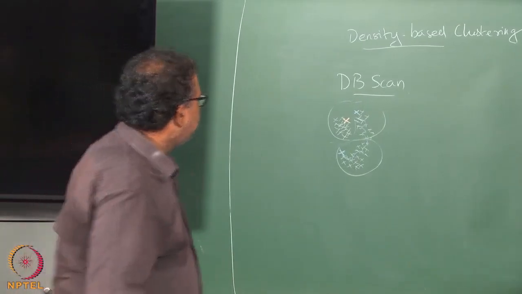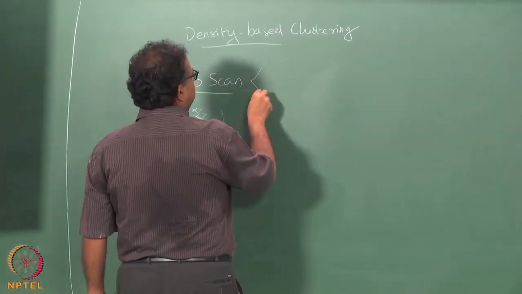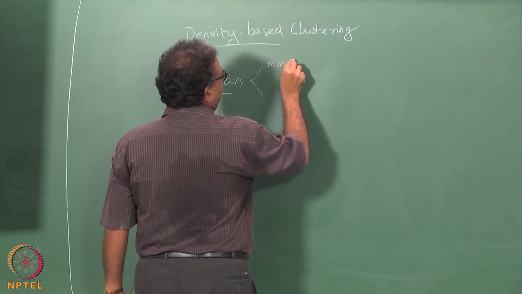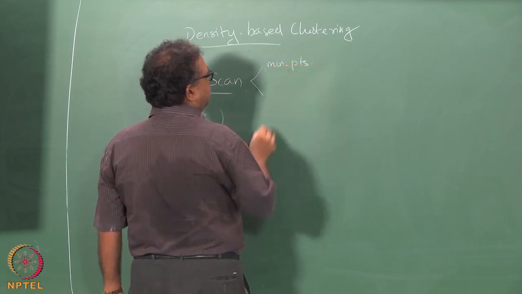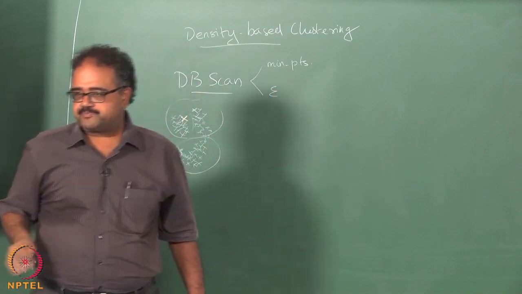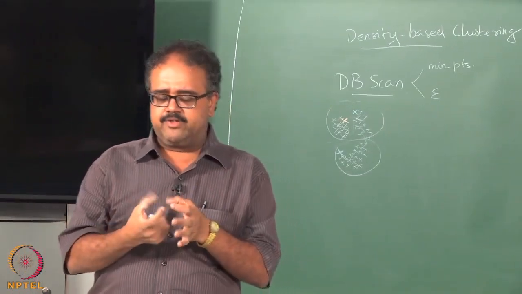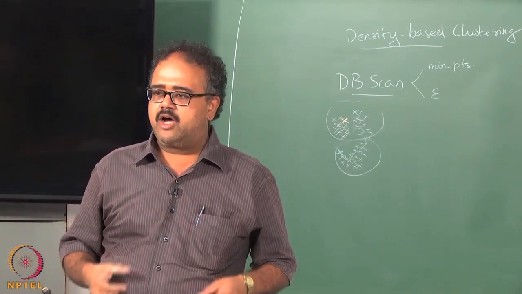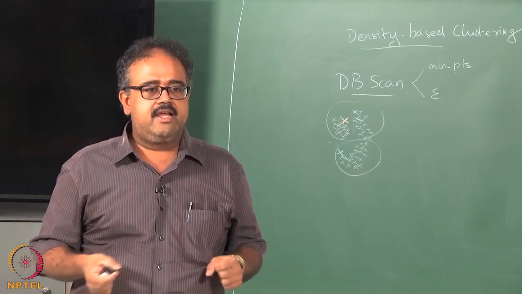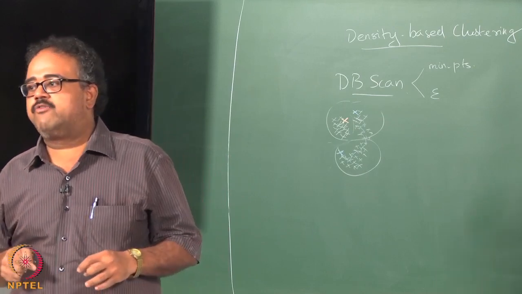There are two parameters that DB-scan uses. One is called min points, the other one is epsilon. Min points gives you a threshold on how many points you would consider as being dense, and epsilon gives you the area over which you perform the count.